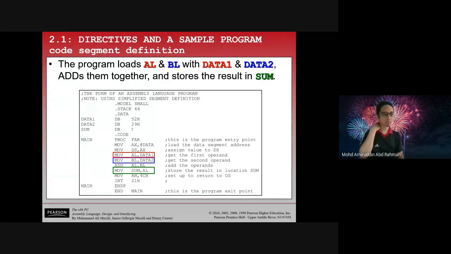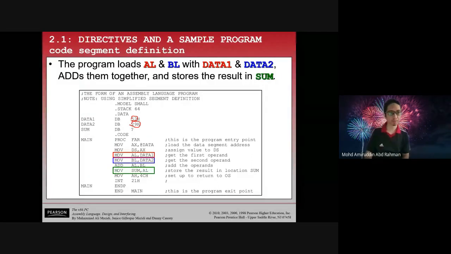We assign that to the DS, and then data 1, this 52, we define that into the AL, and data 2, this 29, we put that into the BL. Then this BL 29 is added to 52, and then we have the AL as the summation of BL and AL.